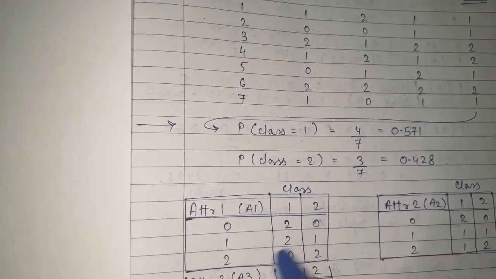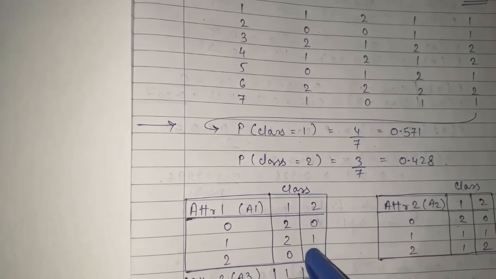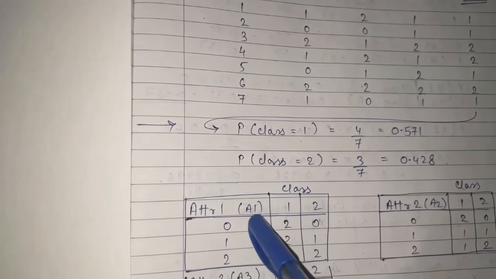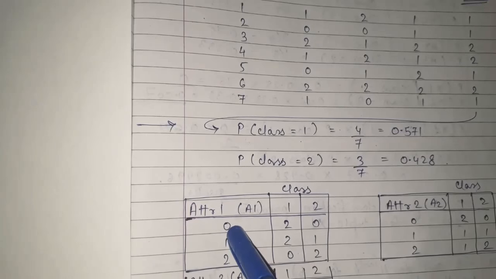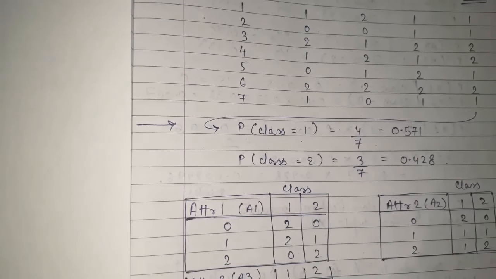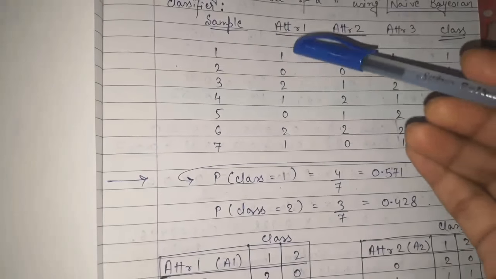So how we will be filling these values is, we will check how many 0 values in attribute A1 belong to class 1 and how many belong to class 2. If I check here in attribute 1, value 0, this value 0 belongs to class 1. Again, this is value 0 that belongs again to class 1. Are there any more zeros?